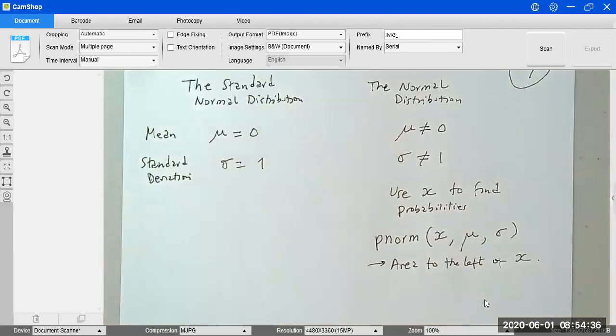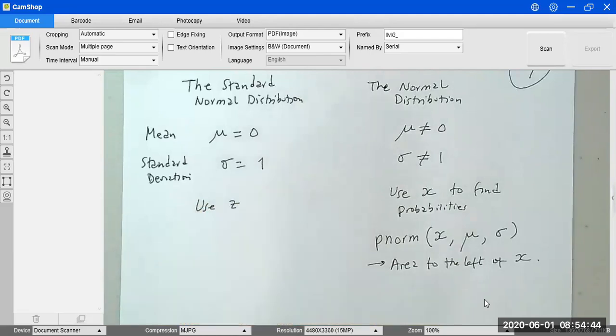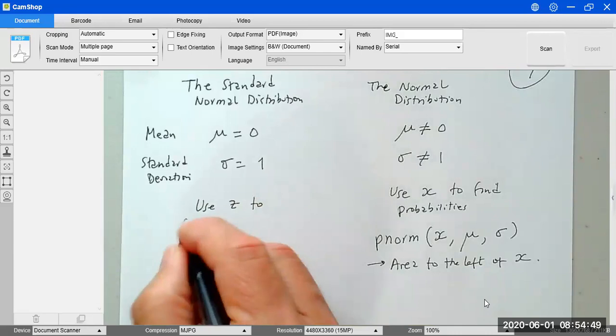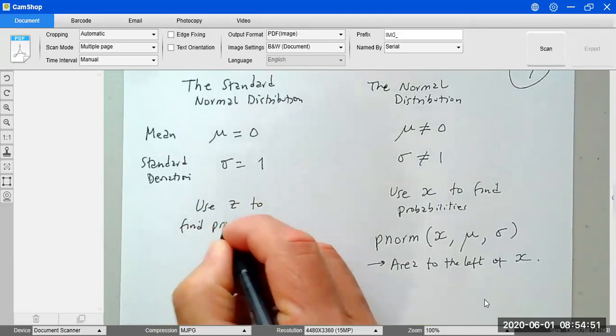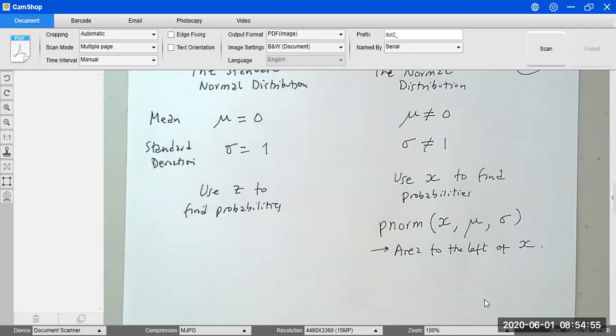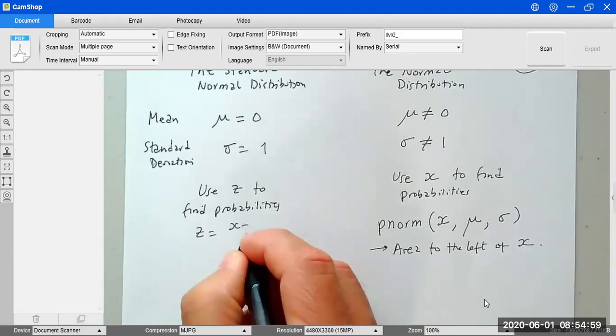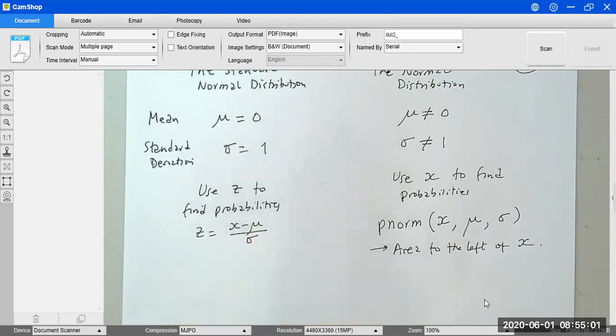For the standard normal distribution, instead of using x, to prevent confusion, we're going to use z, the z-score, to find probabilities. And you know that the z-score is just x minus mu over sigma.